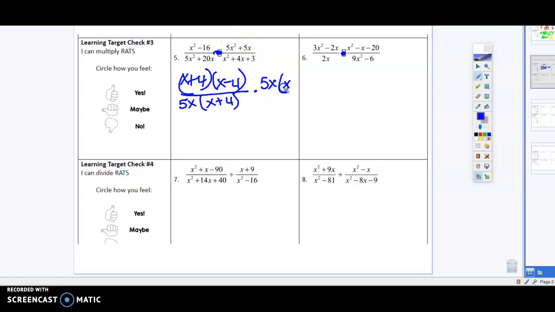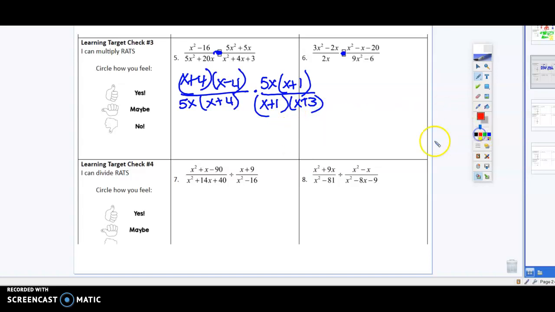So if I pull out a 5x over here, that's what I'm going to get. And by pull out, I mean take what you have here and divide by 5x. And in the denominator, I'm going to get x plus 1 times x plus 3. And so now I have this hot mess, right?